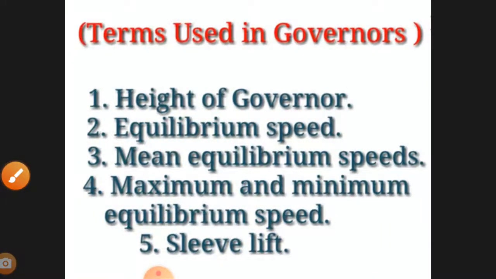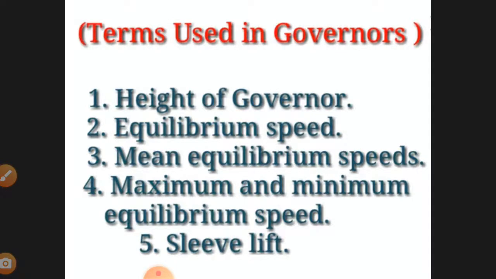Now we will see the various terms used in the governor. There are 5 major terms used in the governor. First one is height of governor. It is the vertical distance from the center of the ball to the point where the axis of the arms intersect on the spindle axis, and it is generally denoted by h.